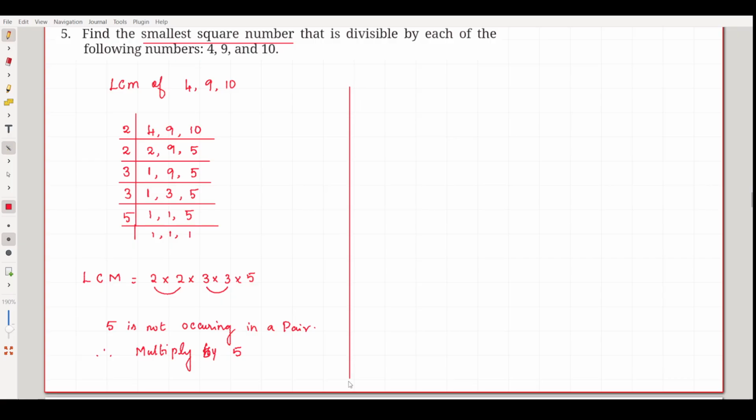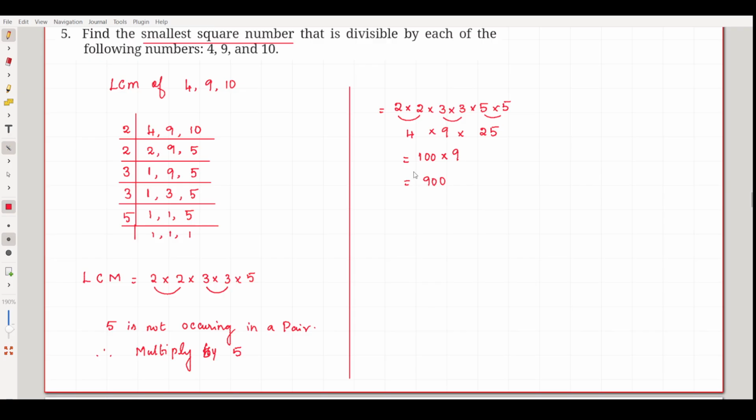So if we multiply, what will we get? We get 2 into 2 into 3 into 3 into 5 into 5. Just multiply: 2 2s are 4, 3 3s are 9, and 5 5s are 25. Now 4 into 25 is 100, into 9, so we get 900.